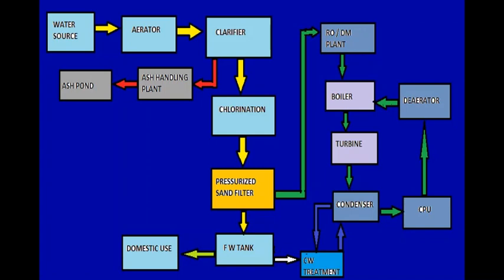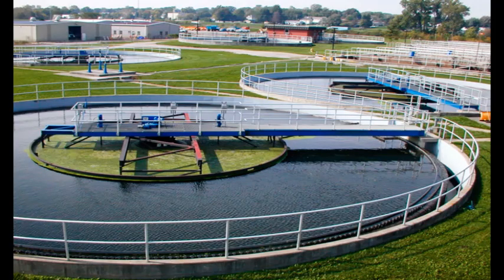So, looking into the various requirements, the processing of water is done in different phases. Initially, the raw surface water is passed through an aerator to clean it, and then a clarifier, where we dose alum and lime, and pass it through a pressurized sand filter to remove all the sediments.